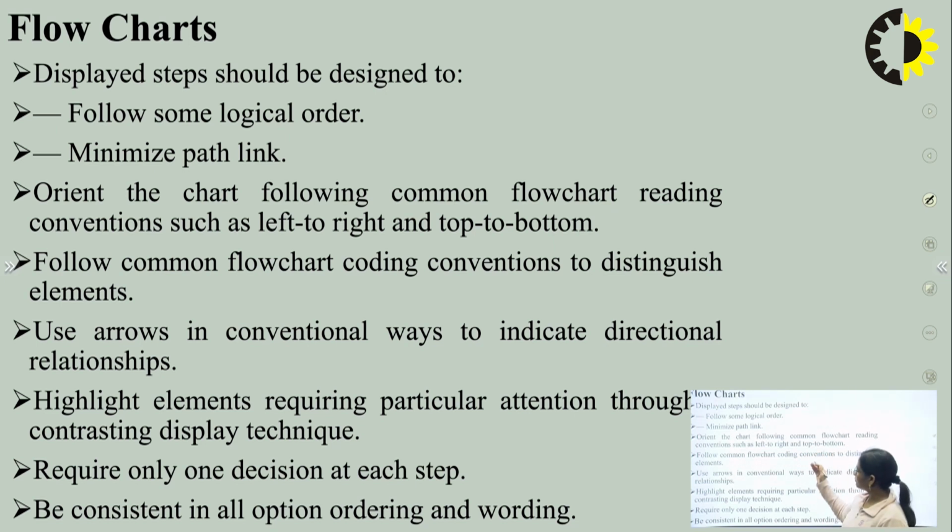Follow common flowchart coding conventions to distinguish between elements. Use arrows in a conventional way to indicate directional relationship. That means if you are creating a flowchart, there must be a direction so that the user can easily understand which path to follow.